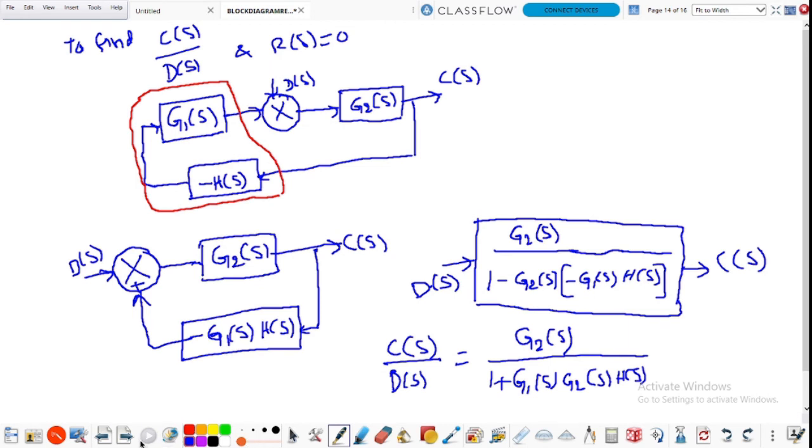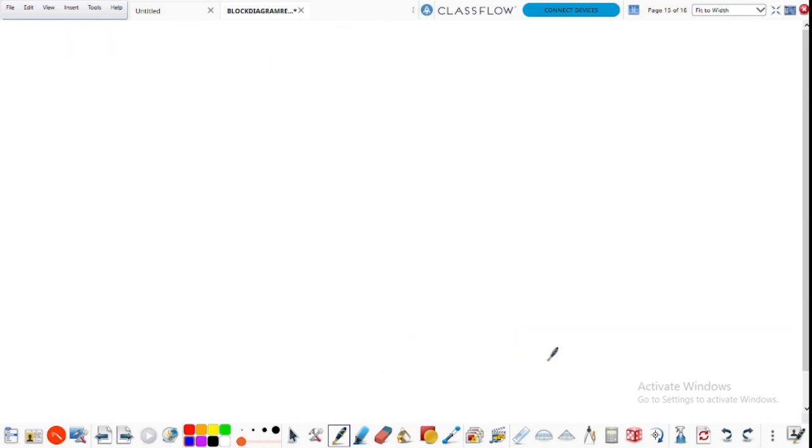Okay, so therefore C of S by R of S divided by C of S by D of S is equal.